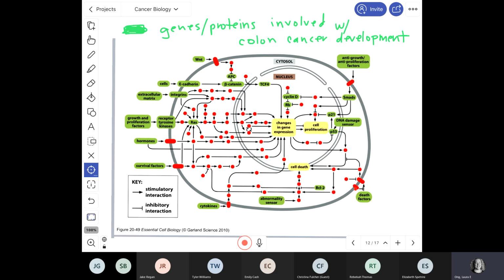And all of these types of genes, types of proteins, are involved in some way in formation of colon cancer. Some of them would be proto-oncogenes, some of them would be tumor suppressor genes. But together, they are changing what an epithelial cell in the colon does. Is it going to divide more? Is it going to die more often? This would be your network of genes involved in colon cancer.